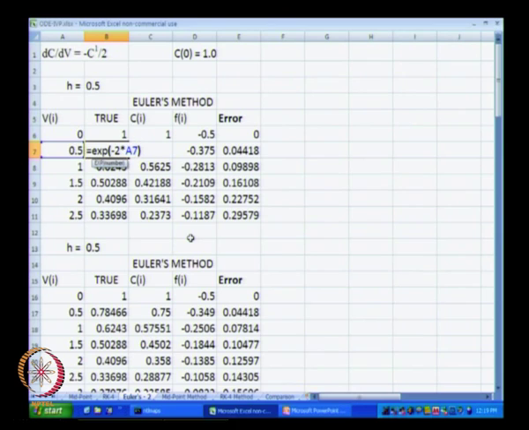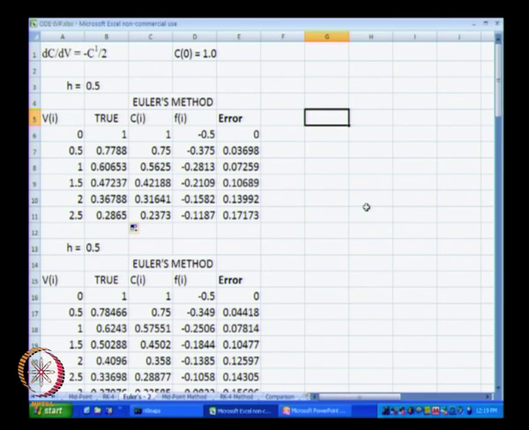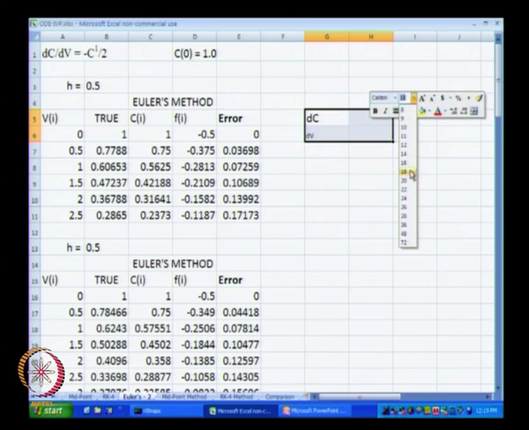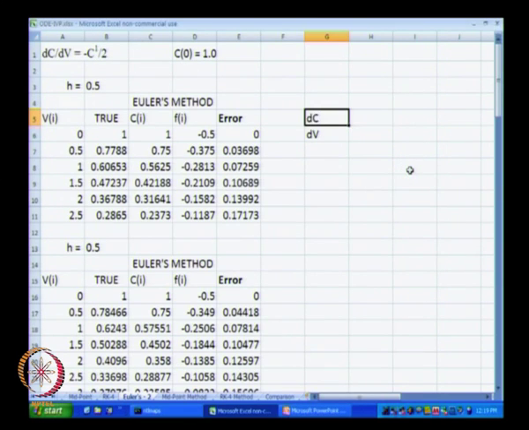Okay, so with this particular change, dC by dV is going to be equal to minus 0.5 into C.